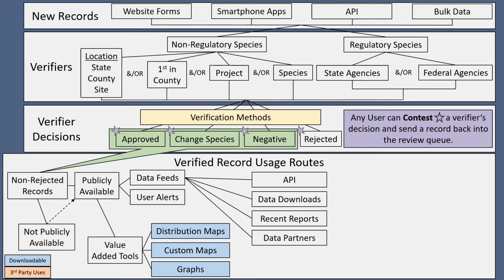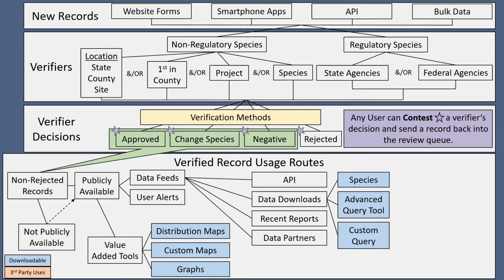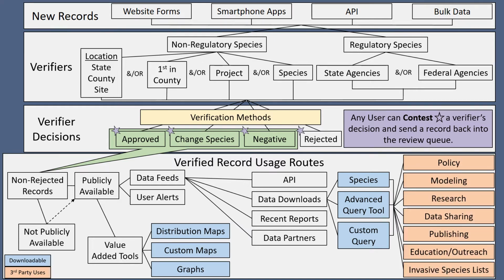into our data partners. Data is downloadable by species through links on the distribution maps pages, through the advanced query tools on the tools and training page, and through custom queries. This downloaded data is used by third parties in a variety of ways, including informing policy, modeling, research, data sharing, publishing as data as well as in publications, education and outreach efforts, creating and revising invasive species lists, and more.